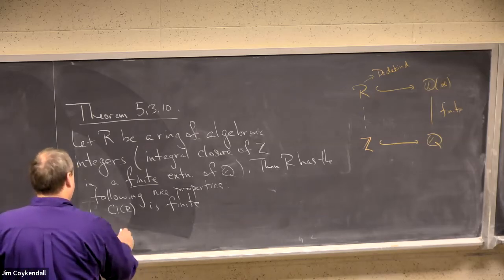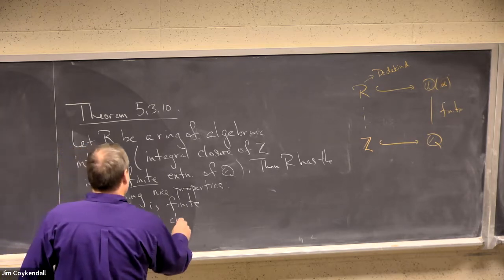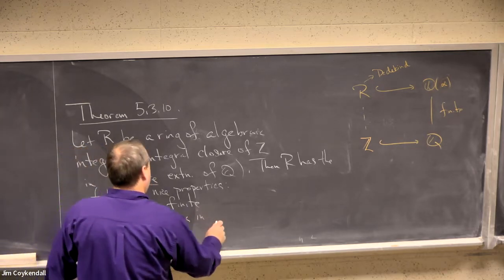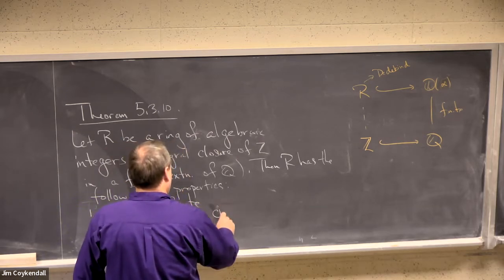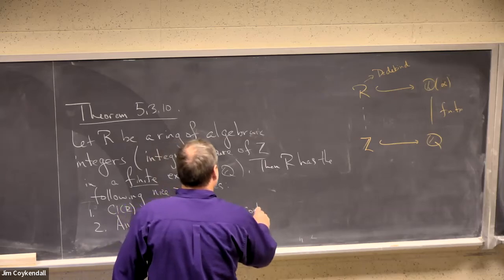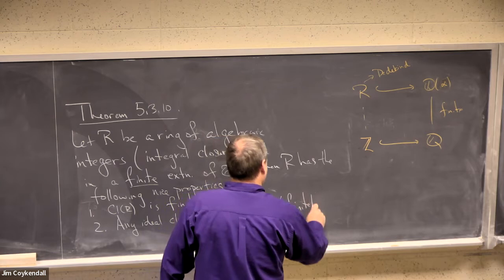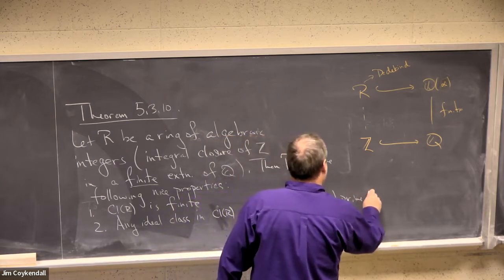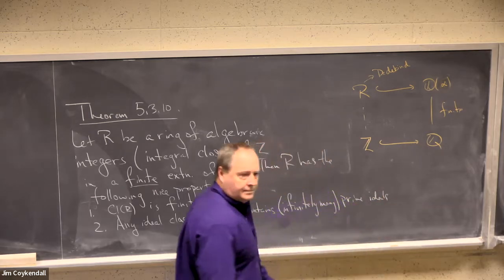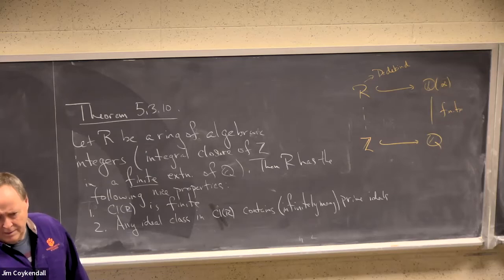And number two, any ideal class in R contains infinitely many primes.